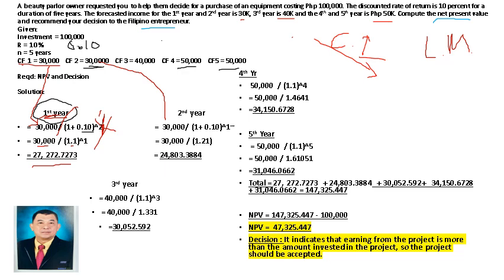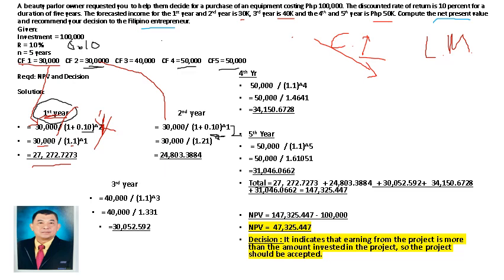This one is to the second. Then you multiply 1.1 times 1.1, because it is the second year. 1.1 times equal gives you 1.21.